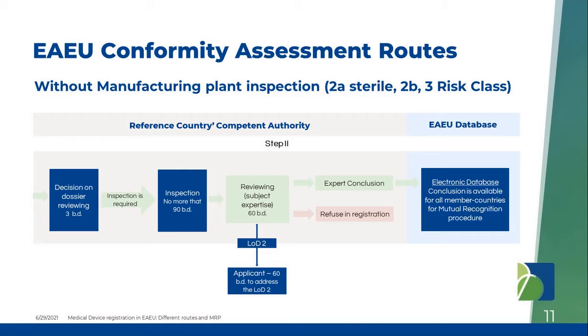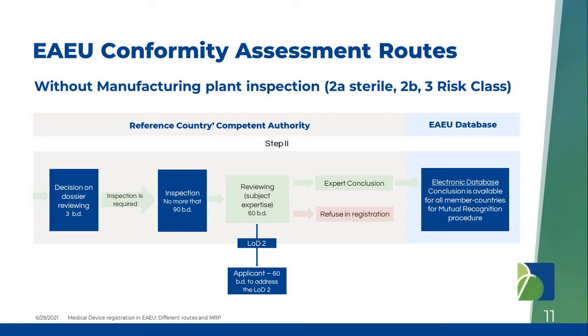The quality management system inspection procedure itself is not described in detail. For example, the essential requirements to pass the inspection are not available. But it definitely includes a visit of the inspectorate to the manufacturing plant and a quality management system audit. Please note that review of the audit report is included in the subject expertise process. We will review this procedure later and try to summarize all the available information.